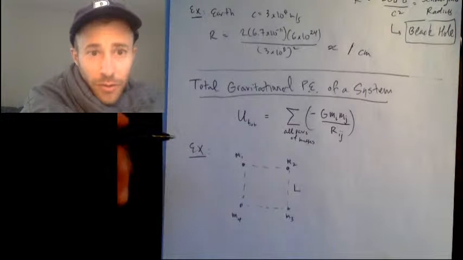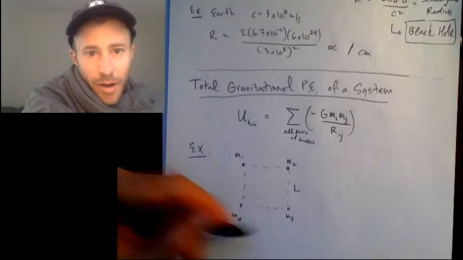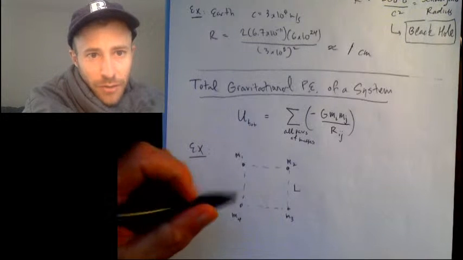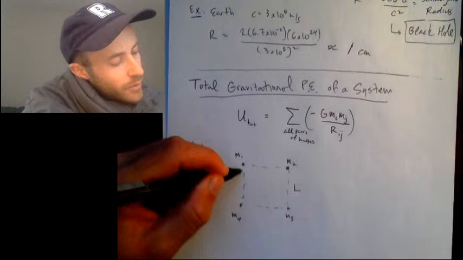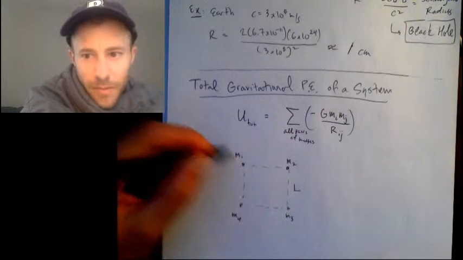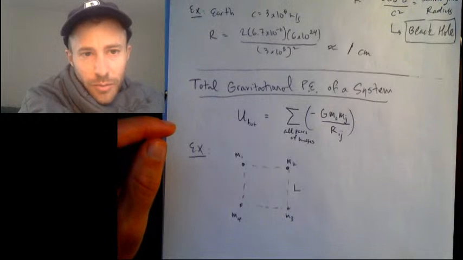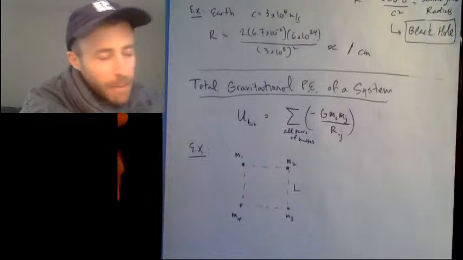So we have to sum over all pairs. Now, how many pairs do you have if you have a square of masses? It turns out that you have 6 pairs. There's this pair, this pair, this pair, this pair. But who can tell me what are the other 2 pairs? Type it into the chat if you know.